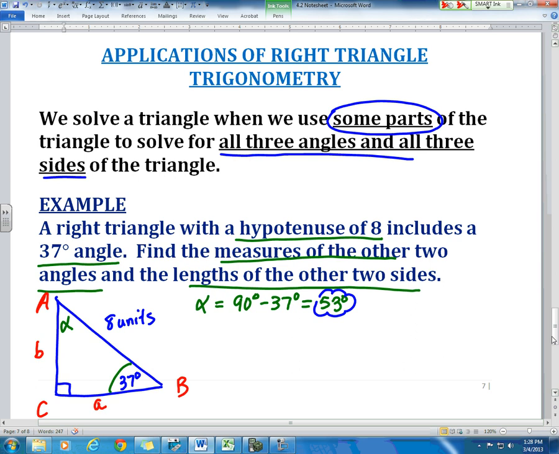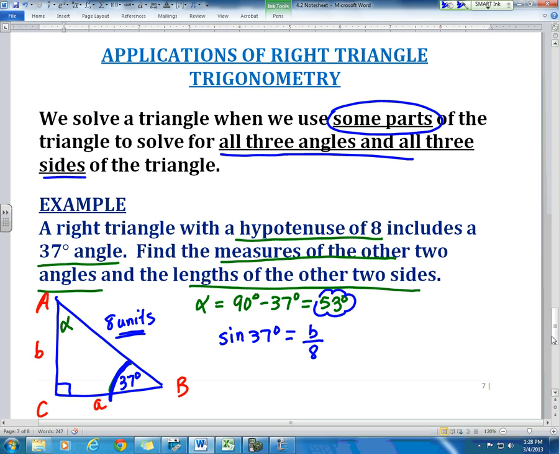If I want to find side B, I know that I have a 37-degree angle here, and B is opposite from that 37-degree angle, and I know something about the hypotenuse. So opposite and hypotenuse relates to sine. So I could say the sine of 37 degrees is equal to b over 8.